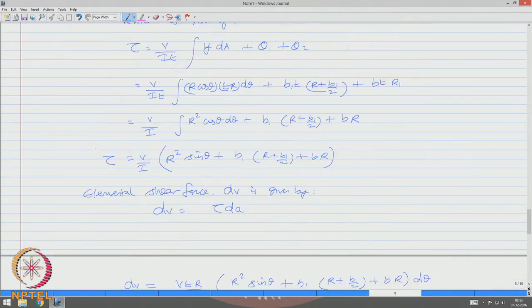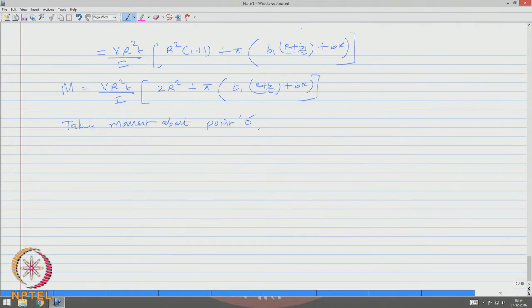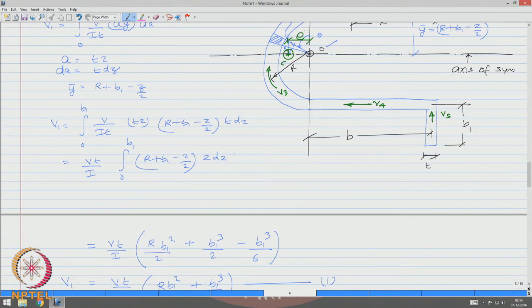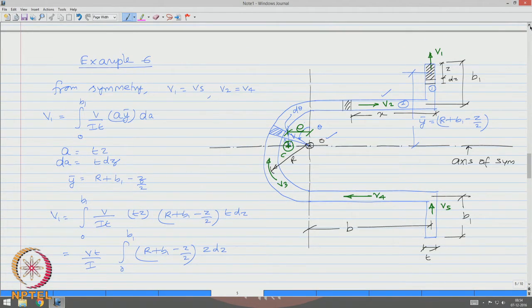We know, look at this figure, the force V is going to act here and this is the distance E. So, it is going to be V into E, which is this m plus V 1 and the distance is B, is it not?